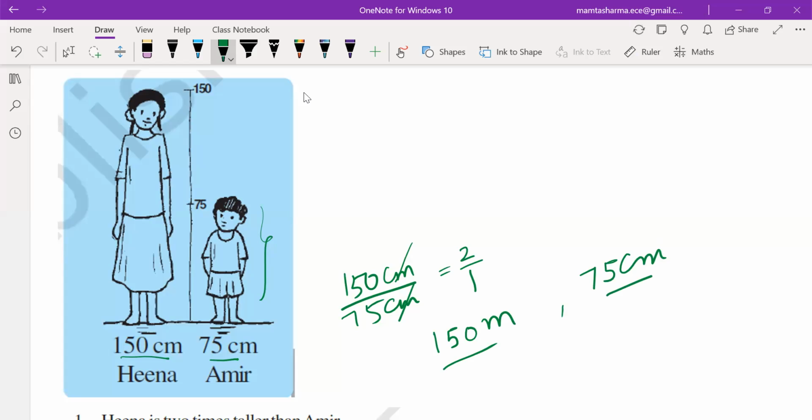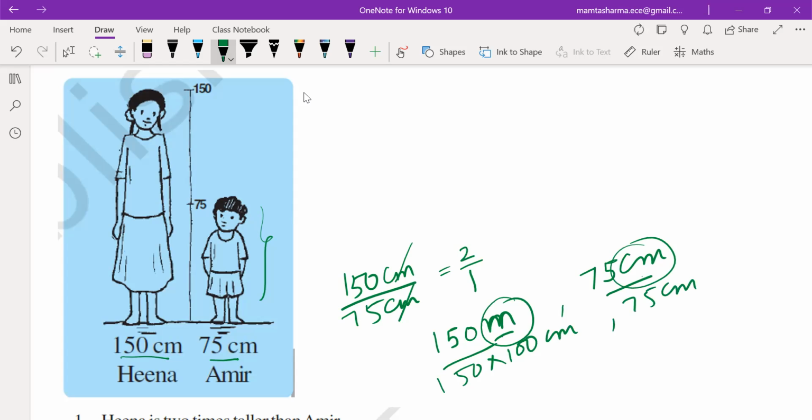No, it would not be the same, because here the quantity is in meter. I am saying that for taking the ratio, the unit of quantities must be the same. Here the unit is meter, here it is centimeter. First convert this 150 into centimeter. 1 meter is 100 centimeter. Now you can take the ratio.